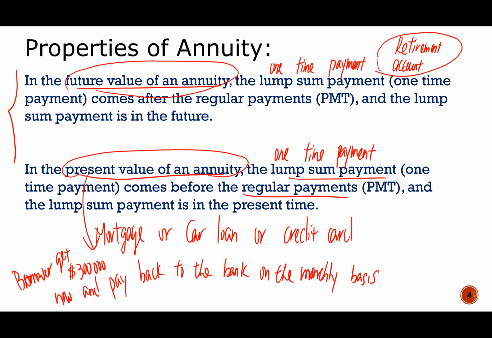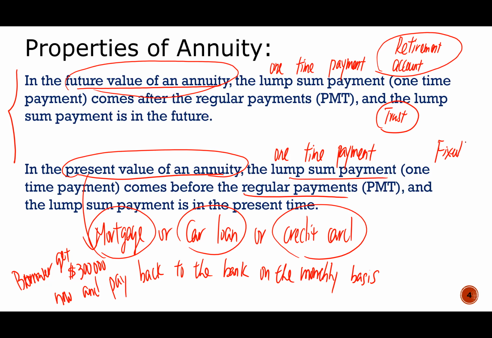Also the typical applications, right? Like mortgage, car loan, credit card, those are the present value of annuity. Retirement account or trust fund, right? Those are the future value of the annuity. You get a lump sum payment in the future, okay? All right, so two important things of the annuities: fixed payments or regular payments, PMT.